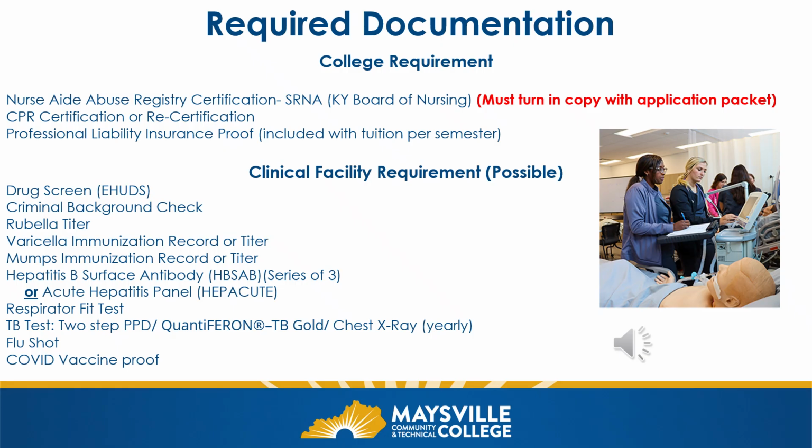If they require it, they do it there. You have to have a TB skin test, and that can be a 2-step PPD. You have to follow the directions to make it a 2-step. You could also have a QuantiFERON TB Gold blood test or a chest x-ray yearly to say that you don't have TB. And during flu season, you have to have a flu vaccination for most all clinical sites.